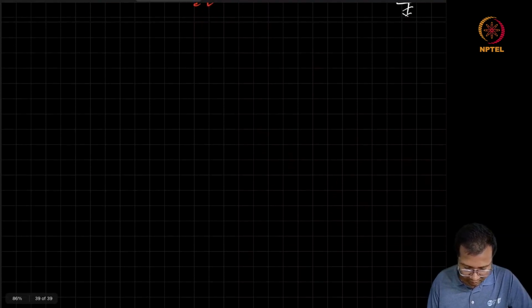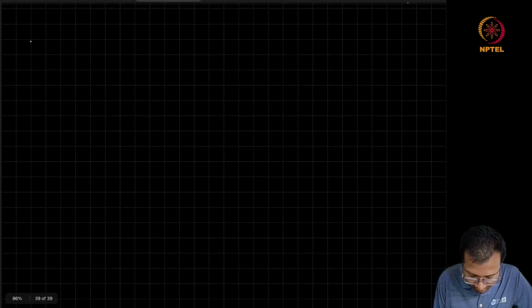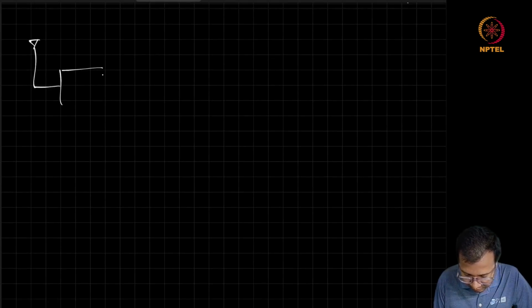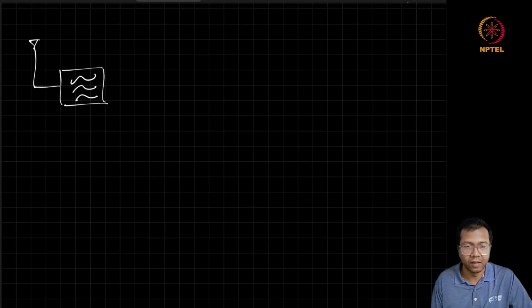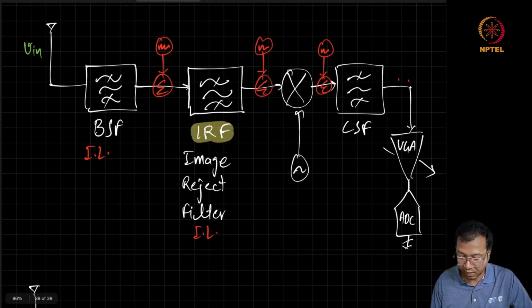So we need to modify the receive chain by adding some active gain blocks as soon as possible.